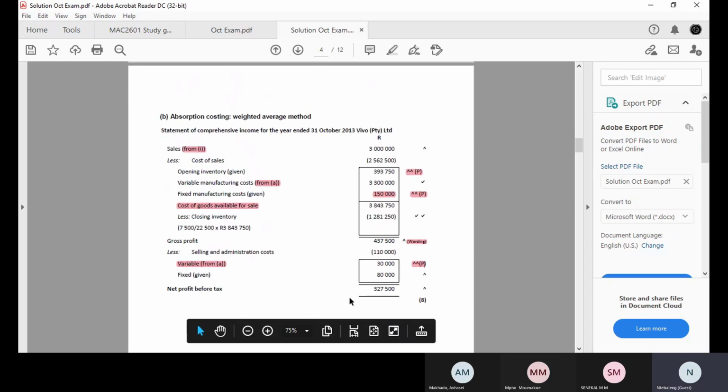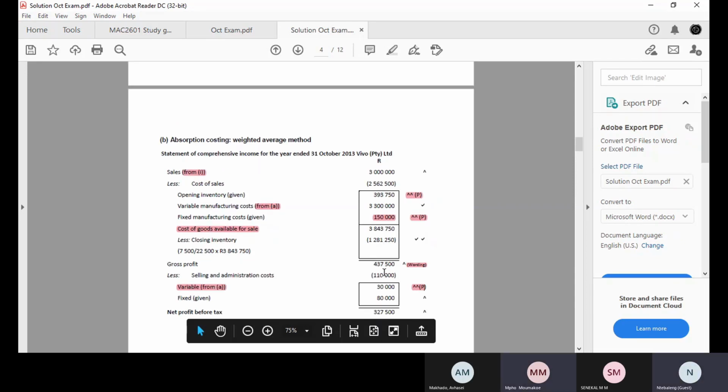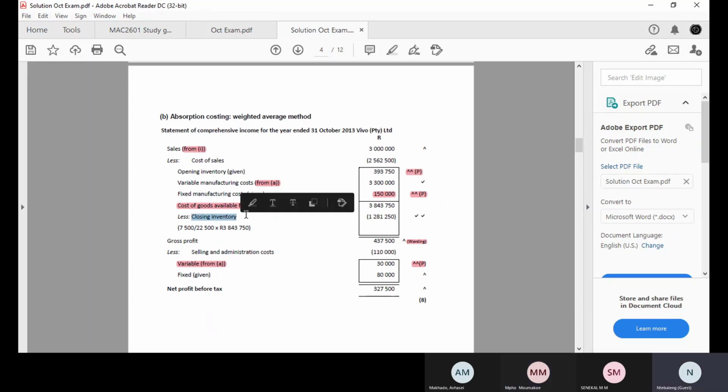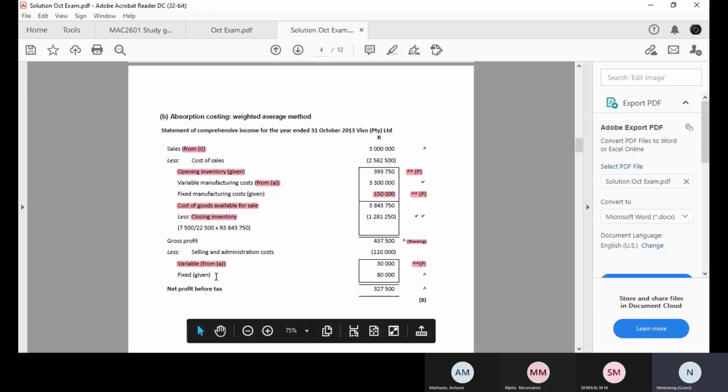So do you guys see? Yes, ma'am. So learn the structure. Learn how to treat your closing and your opening inventory. Then you'll be fine. And more practice.